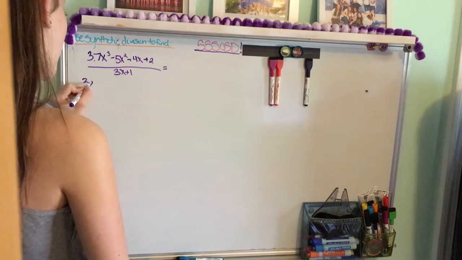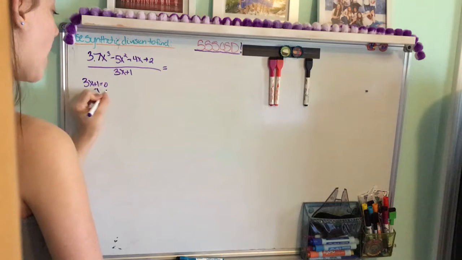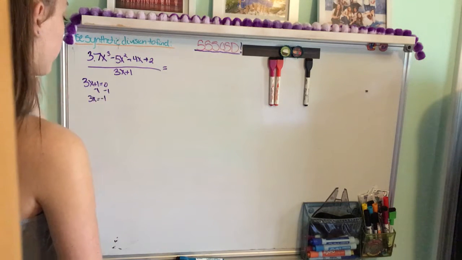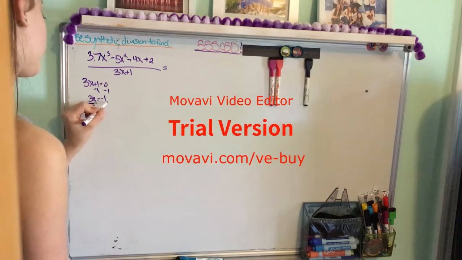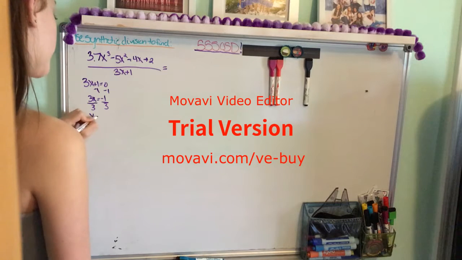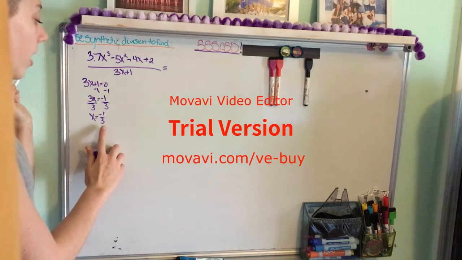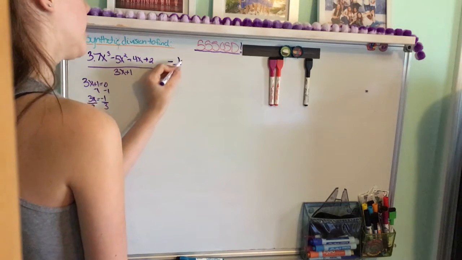So, we set 3x plus 1 equal to 0. Subtract 1 from both sides to get 3x equals negative 1. And now to get x by itself, you will divide by 3, so that x equals negative 1 over 3. So this is your exact factor that we are going to put in our half box over here.